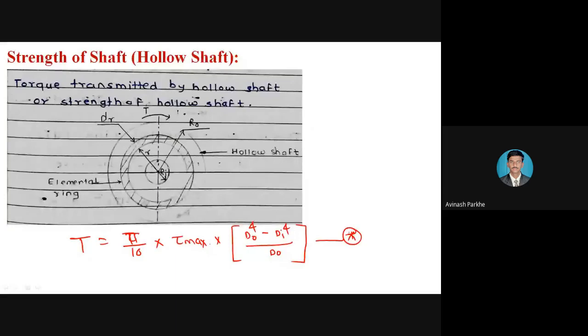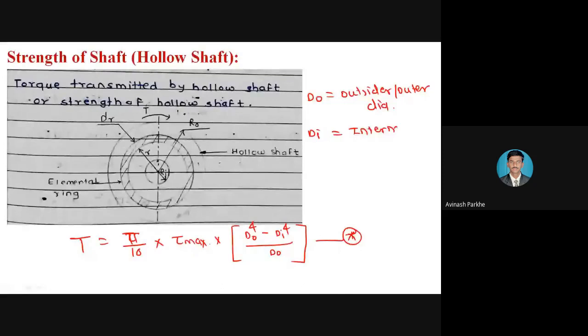Because in case of a hollow shaft, hollow means it is hollow in cross section. It is having two diameters. One is the external diameter, another is the internal diameter. Therefore, do represents outside or outer diameter, and di represents internal diameter.